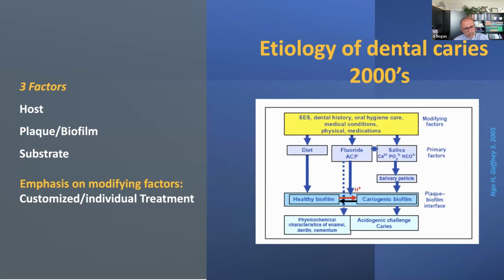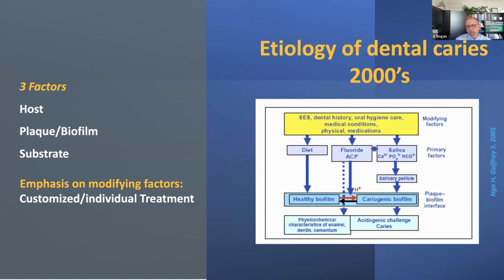Some of them get lots of caries, some in the same household don't get the same amount of caries. What's going on? Or I get more caries, and you get fewer. Are these three factors always working for us?